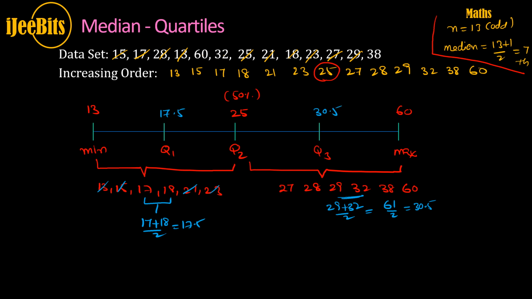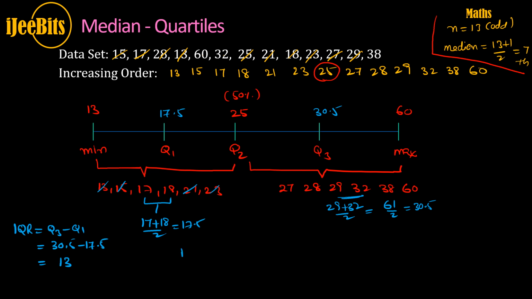So IQR, the interquartile range, would be Q3 minus Q1. How much would that value be? 30.5 minus 17.5. It's nothing but 13, right?